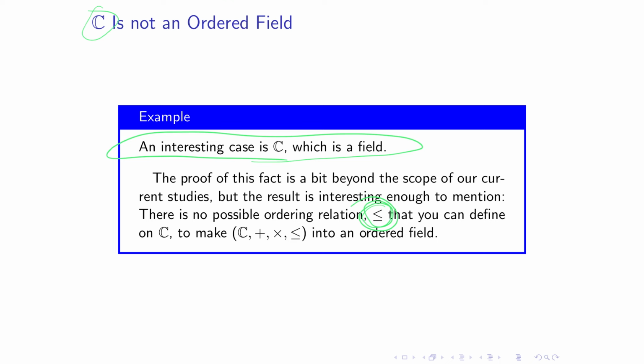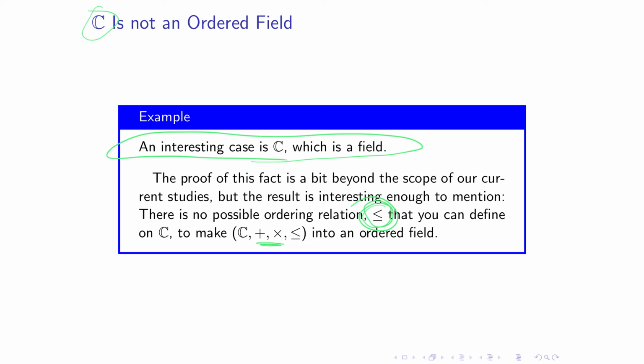Now, we did, I think, in a previous video, consider the ordering on the complex numbers given by the dictionary ordering. That was a total ordering. But it turns out that that ordering is not compatible with both plus and times. And in fact, no other ordering that you could possibly give that is a total ordering would ever be compatible with plus and times.